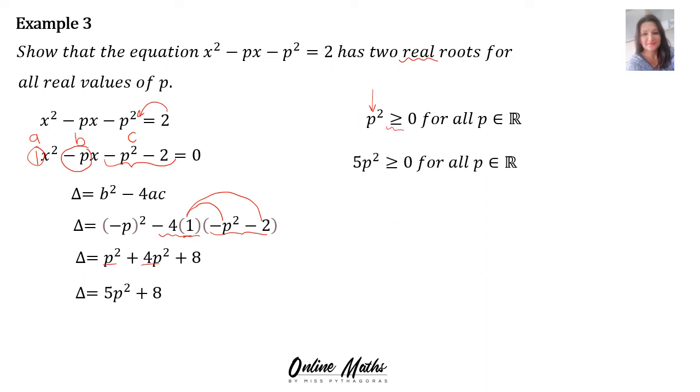If you multiply that with positive 5, it will still be greater than or equal to 0. 5b squared is greater or equal to 0 for all real values of b. And then if you have 5b squared plus 8, now the whole thing is suddenly greater than 0, it can't be equal to 0. And therefore your roots are real.